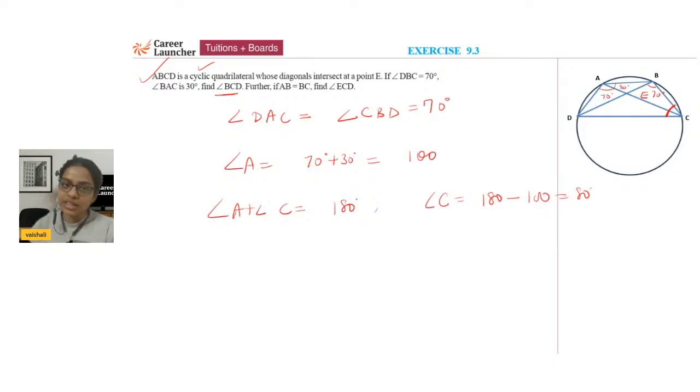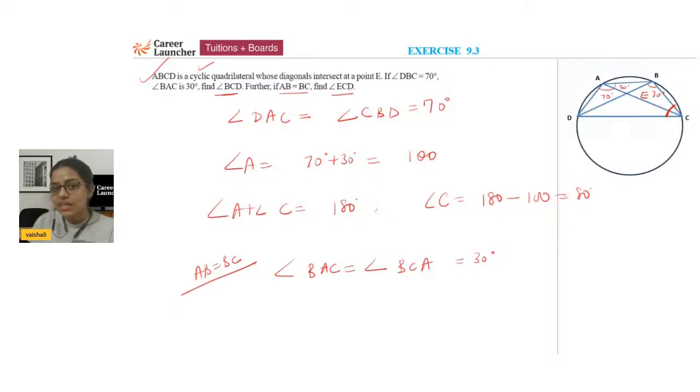Now the next thing is that if AB is equal to BC, then your angle BAC must be equal to, after looking at the assumption that AB is equal to BC, BCA. So these two angles will be equal, which is equal to 30 degrees. Now ECD.